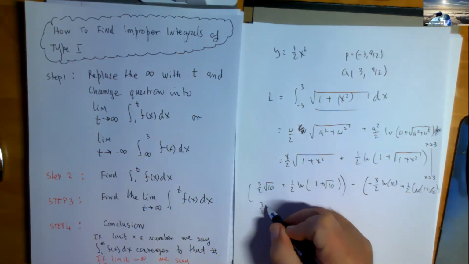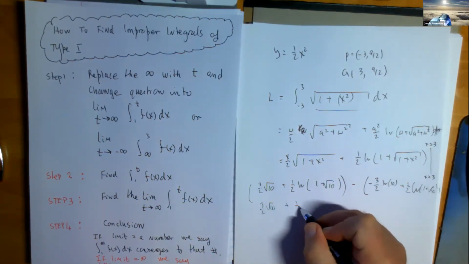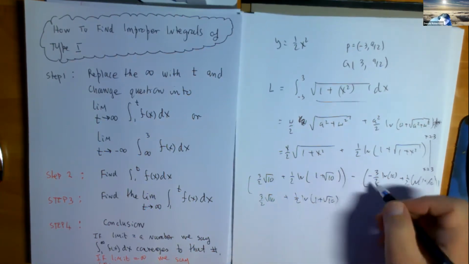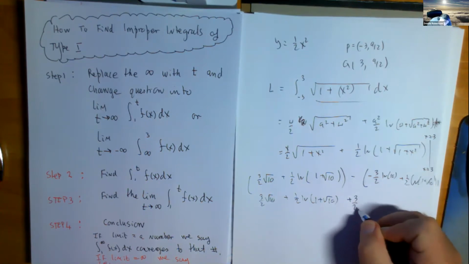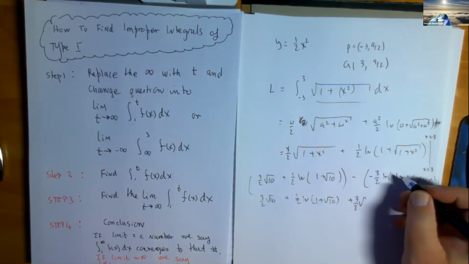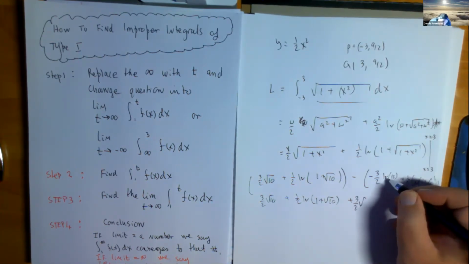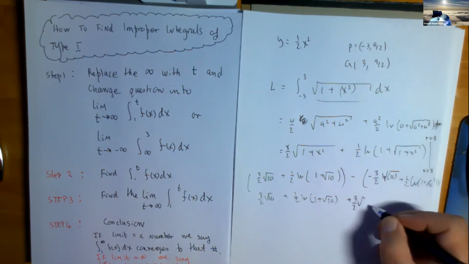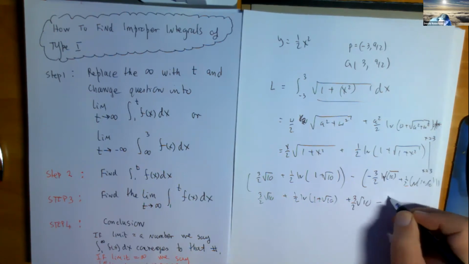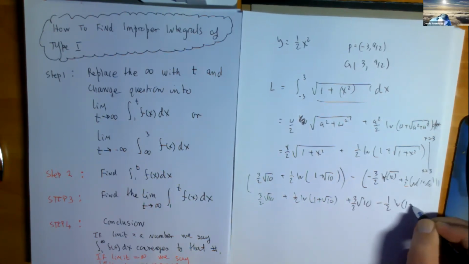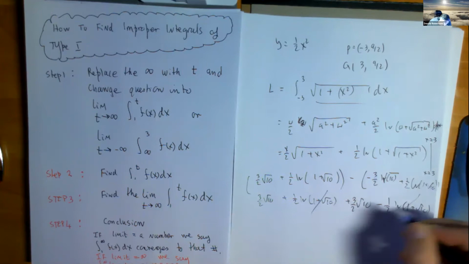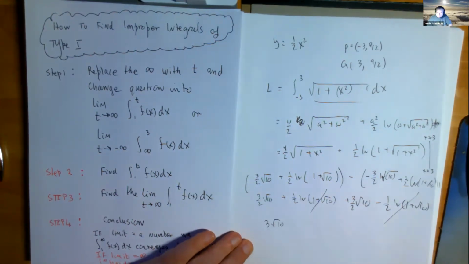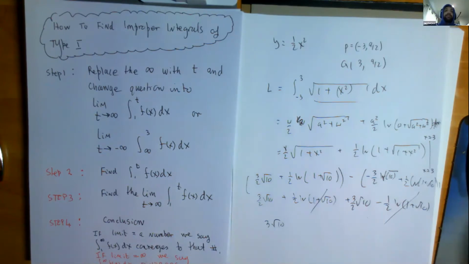It gets me 3 over 2 root 10 plus that ugly log. Take away is an add, so 3 over 2 square root of 10. Take away a half ugly log. Well, those two kill each other off, and those two get added, and the answer is 3 root 10. Yeah, that's what I put in for 10.